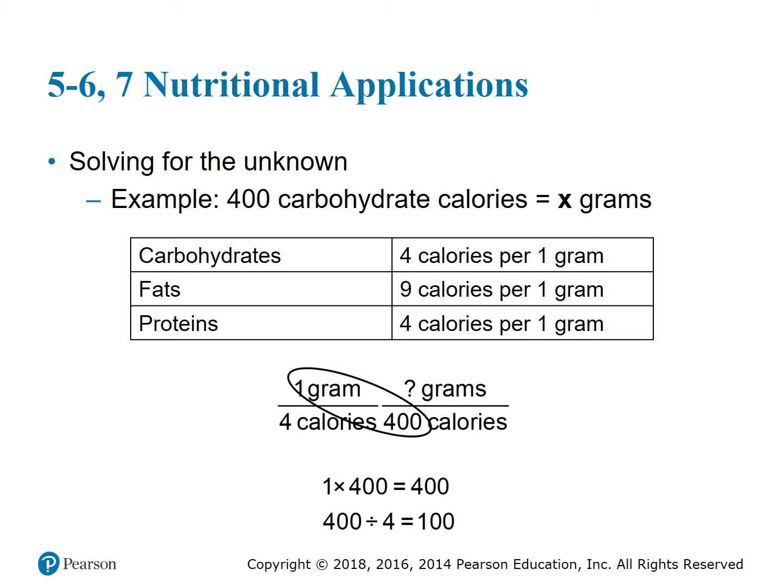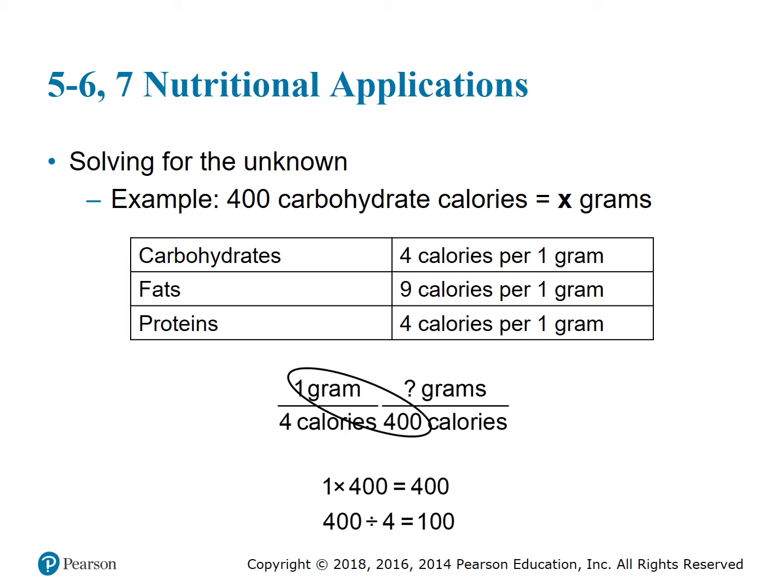So the x is the grams, what we don't know, and the known is 400 calories. So now we're going to cross multiply 1 gram and 400 calories, and that gives us 400. And then let's divide by the number that we have left, which is 4, and that gives us 100.